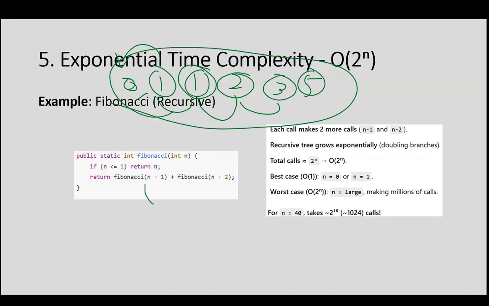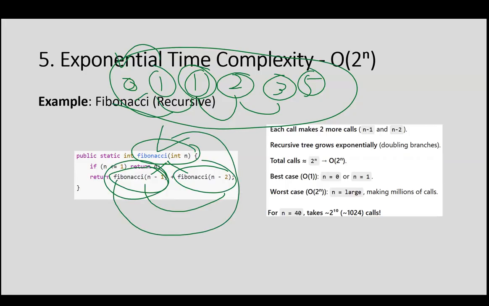If I give one number, it will divide it into two numbers and add them. Fibonacci is nothing but a function, correct? So again the function call will happen here, and when that function is called, again it will divide it into two parts. This is how we get 2 raised to n.